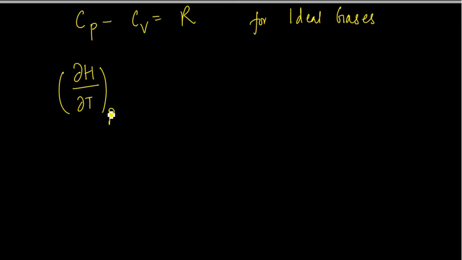And what is the definition of H? U plus PV. So I could write dH is equal to dU plus PdV plus VdP, but we are dealing with constant pressure, so the VdP term goes away. All I'm left with is PdV.